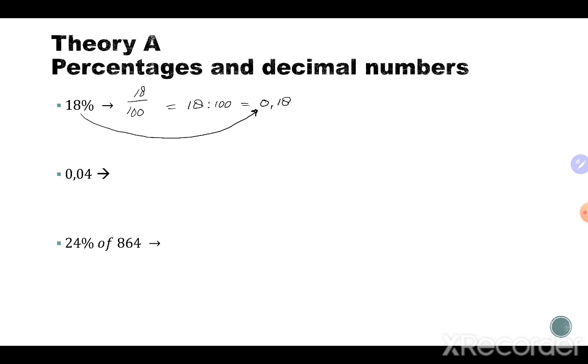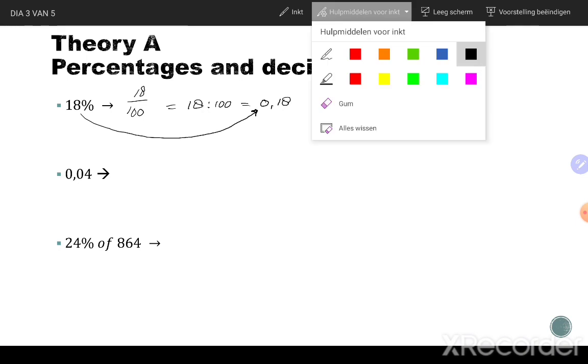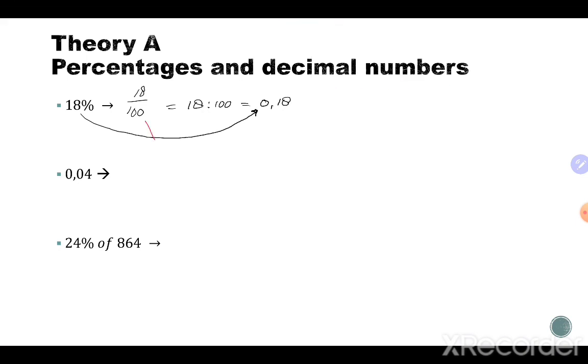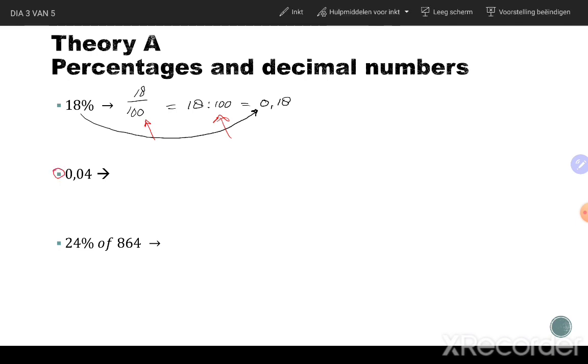Instead of moving the comma 2 places to the left, we move the comma 2 places to the right. In mathematical language, we say we multiply it by 100. Here we divide by 100, and there we multiply by 100.